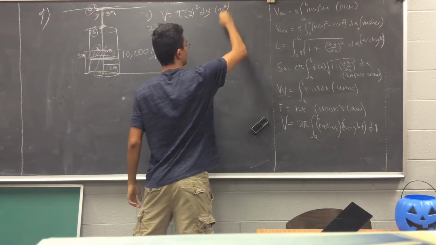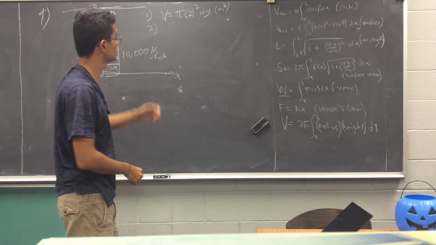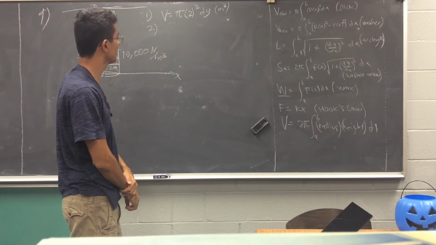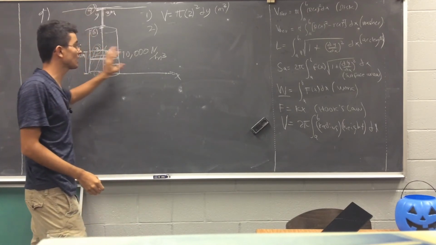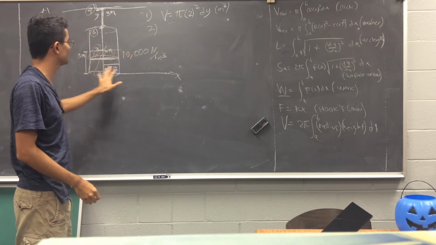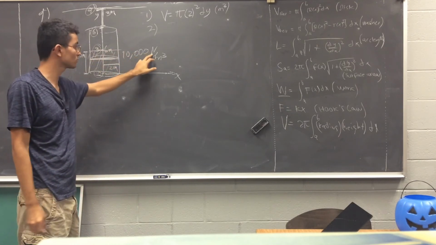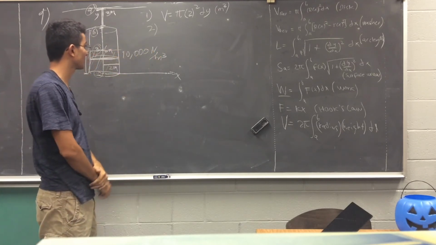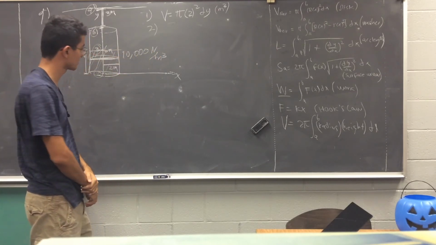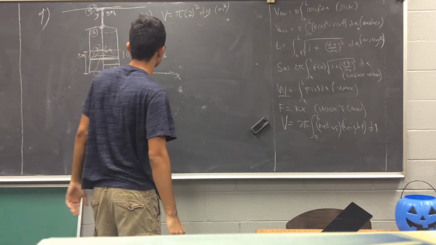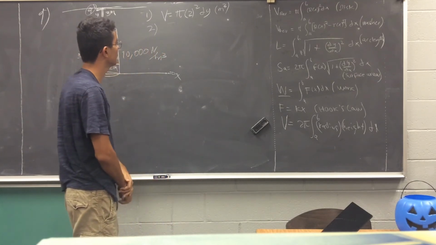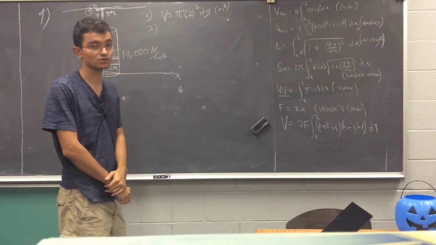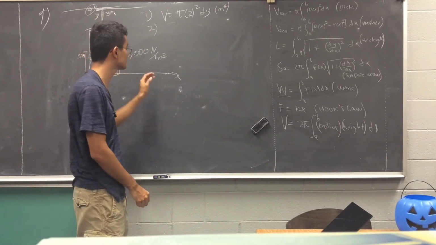Now we have a weight defined as 10,000 newtons per meter cubed. If we multiply the weight by the volume, we're going to get its force, or the weight, essentially. They say it weighs 10,000 newtons per meter cubed, but it's just the density.